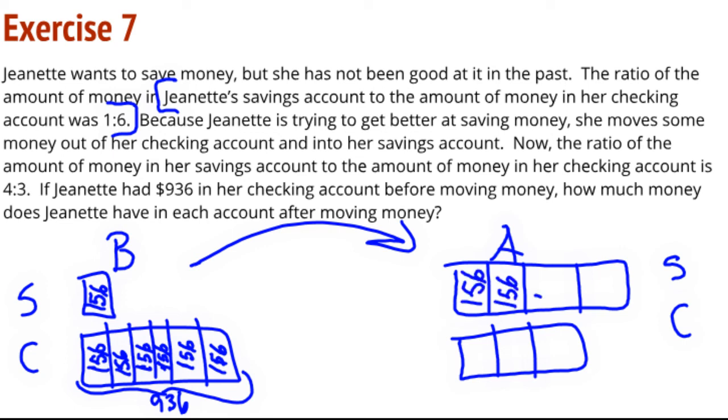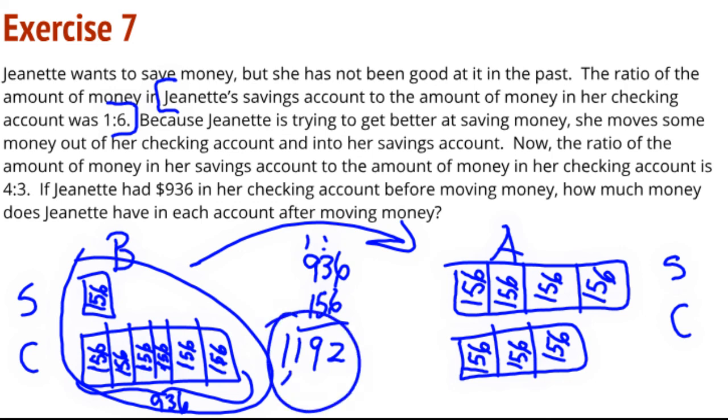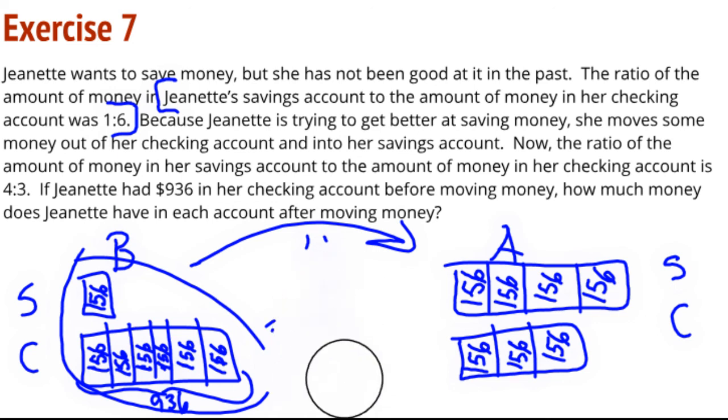If somebody were to ask you how much money Jeanette has in her checking account and in her savings account, we could total up all of these 156. So we've got 936, and we could add 156 more. And we'd find out that Jeanette has $1,192. So how much money does she have in each account after she moved it?